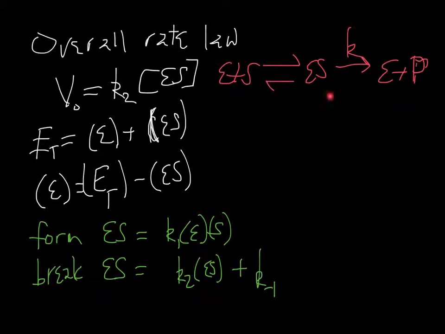So one way to break ES is to go, quote unquote, forward. And the other way to break it is to go backwards. And that's where the k minus 1 comes in, because that's the rate.